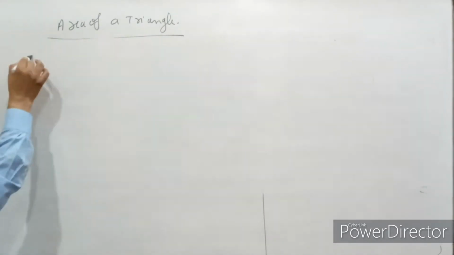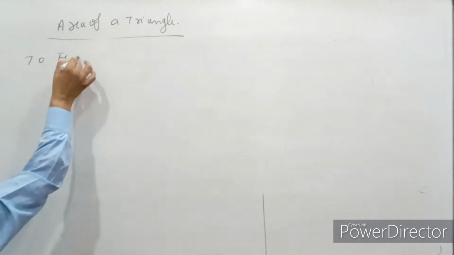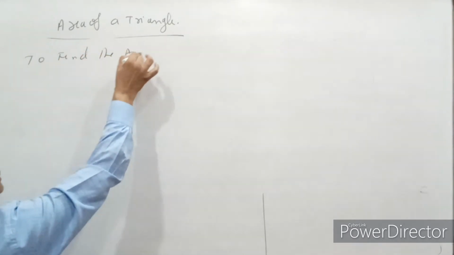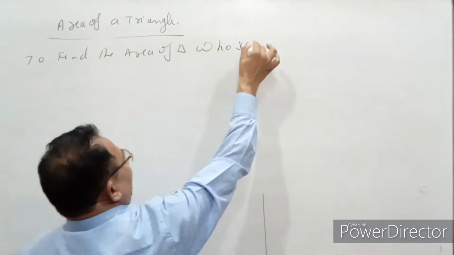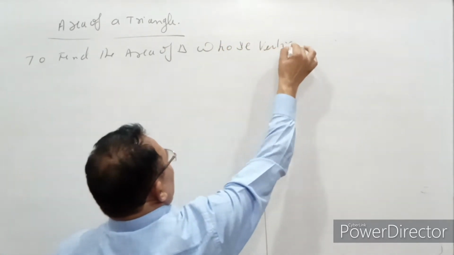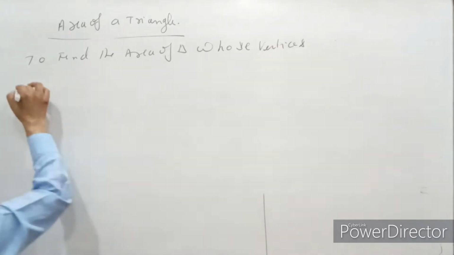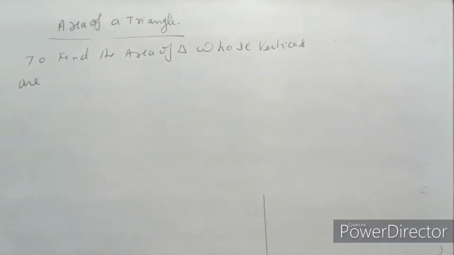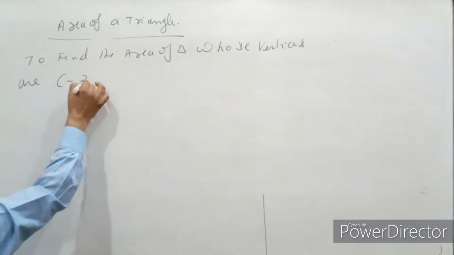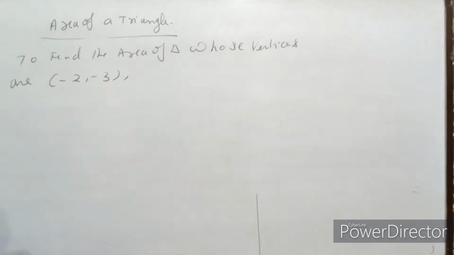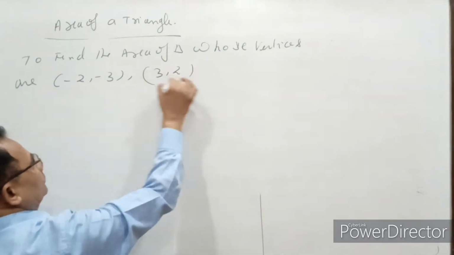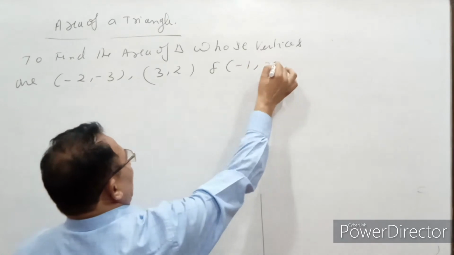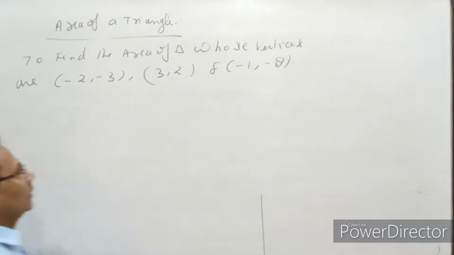Question number 1: to find the area of a triangle whose vertices are given as (-2, -3), (3, 2) and (-1, -8).